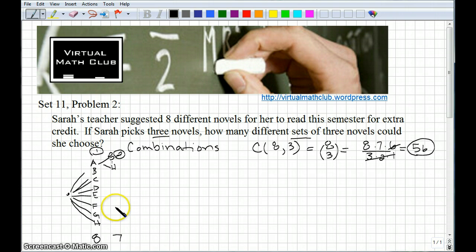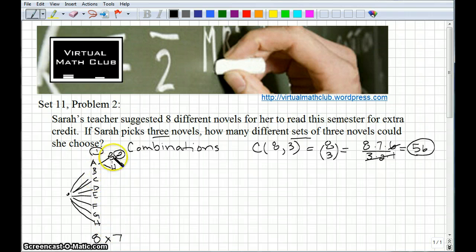So for the first 2 novels, we can just take 7 times 8 to get the total number of ways that she could choose the first 2 novels. Because once she picks the first one, each of these choices for her first novel is going to have 7 choices for the second novel.